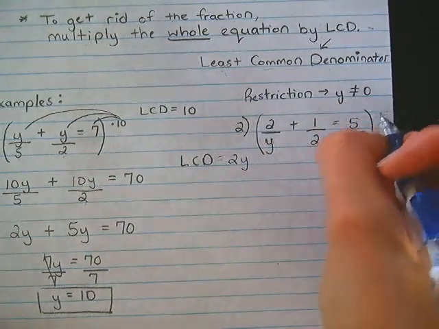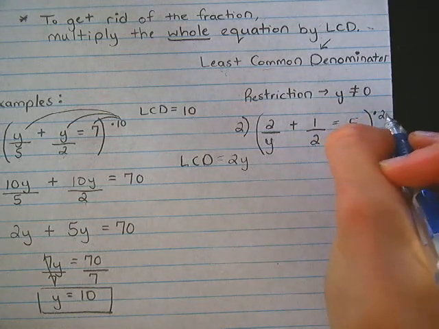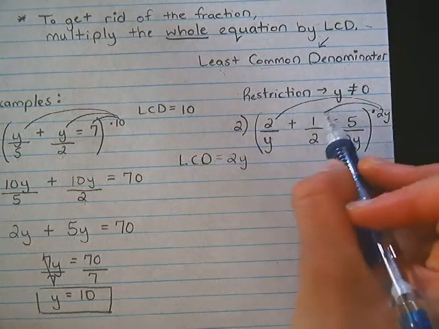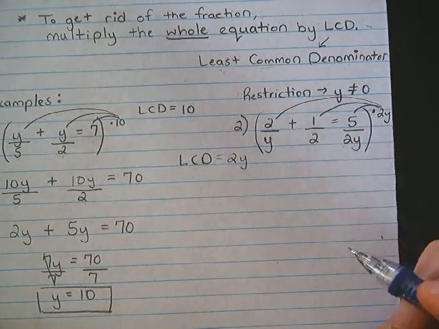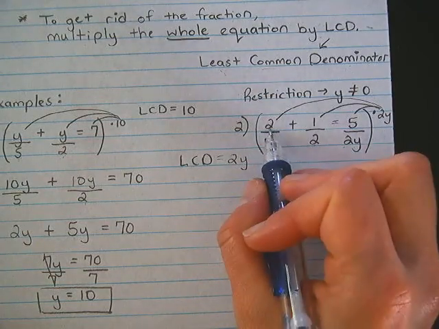So I'll put it back here because I don't have room in front. You multiply it times that least common denominator. Okay. So again, it's like distributing it to everything in your equation. All right. So when we do this one, it'd be 2y times 2.